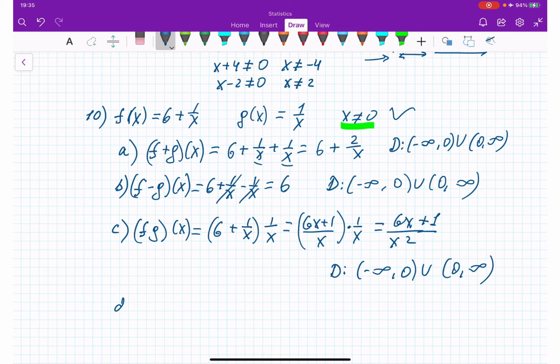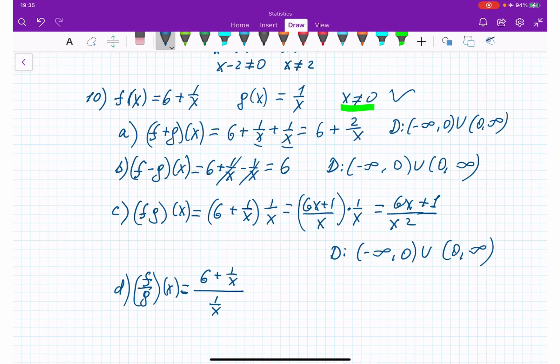And lastly, d, I'm going to divide f over g of x. F is 6 plus 1 over x. G of x is 1 over x. Okay, we need to divide.